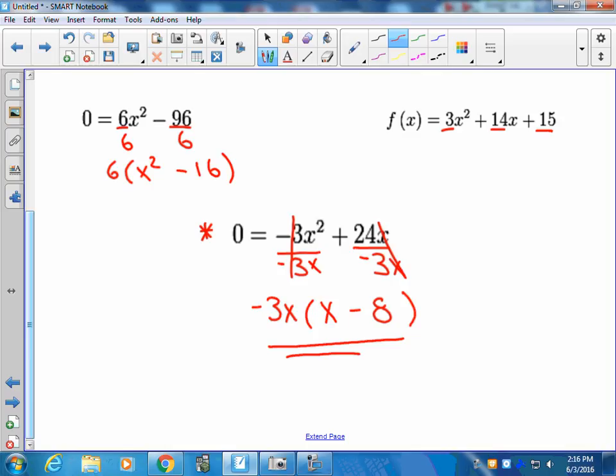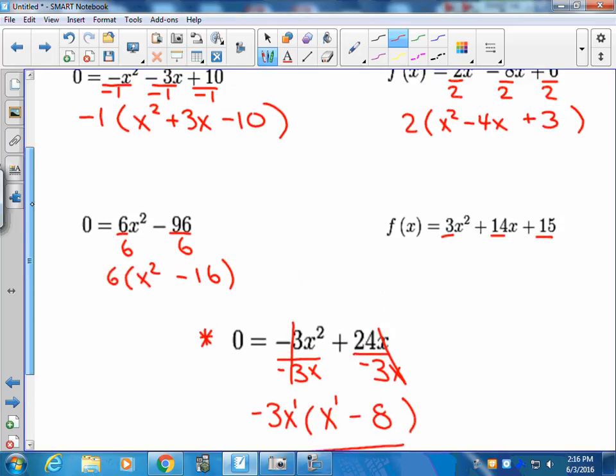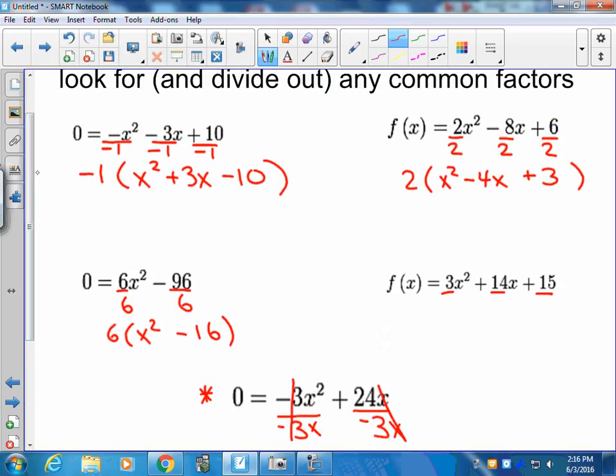How do I know that it's finished? Both of my x variables have an exponent of 1. Okay, so if all you're left with is exponent of 1 variables, you cannot factor any further from that point. Okay, so that is step 1.